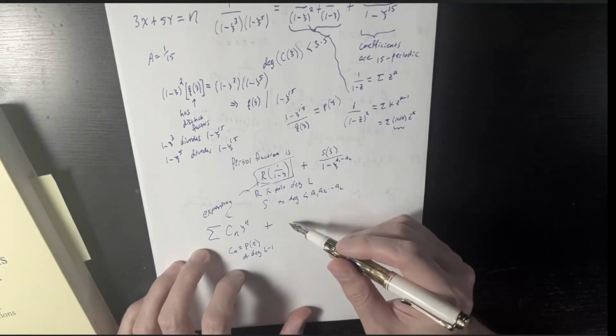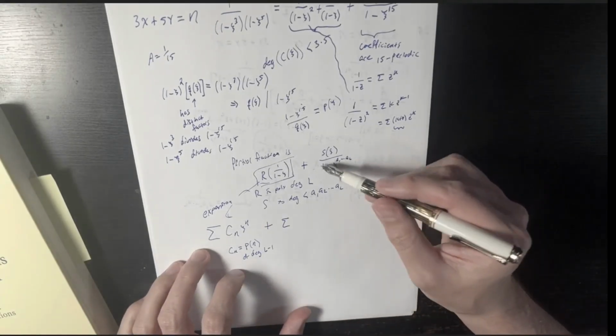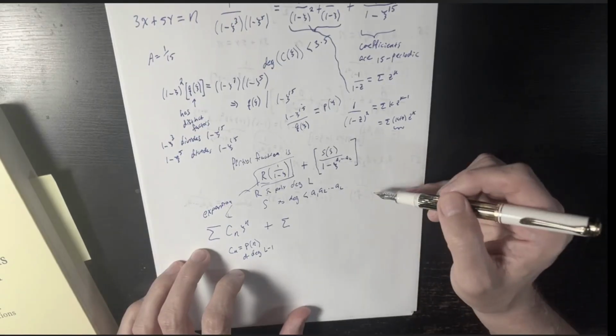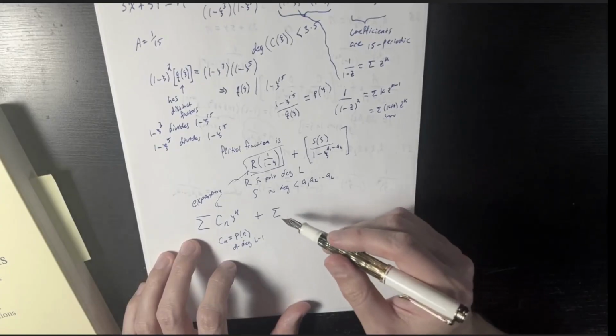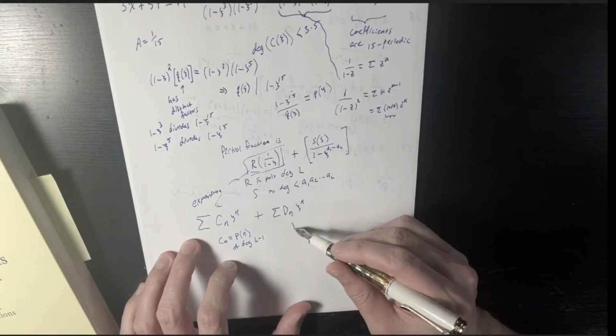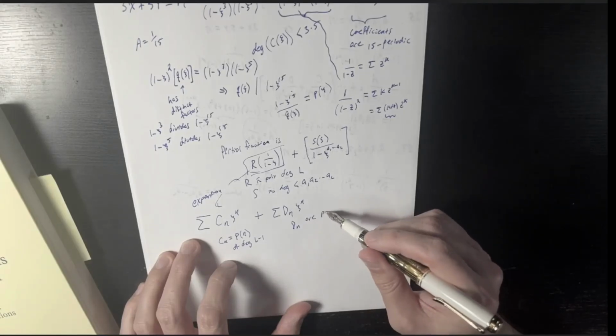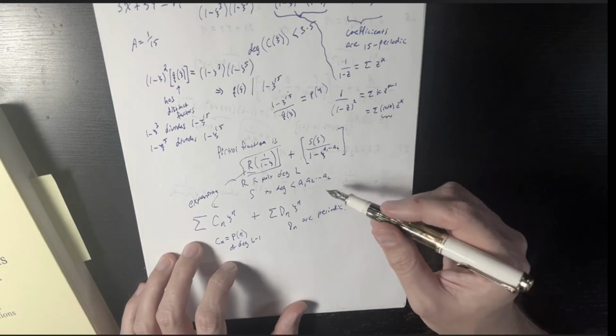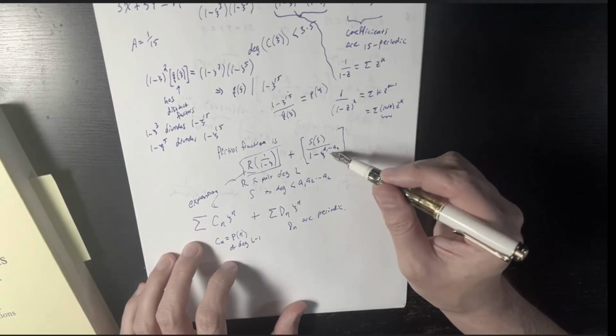But then there's other terms here, and those are the ones that come from the rest of the partial fraction decomposition. So if we called that, I don't know, dn zeta n, the point is that the dn are periodic with period, whatever this product is.